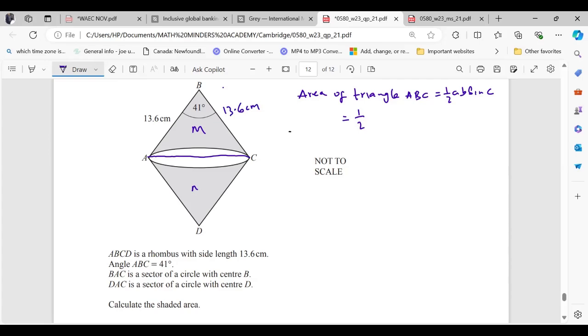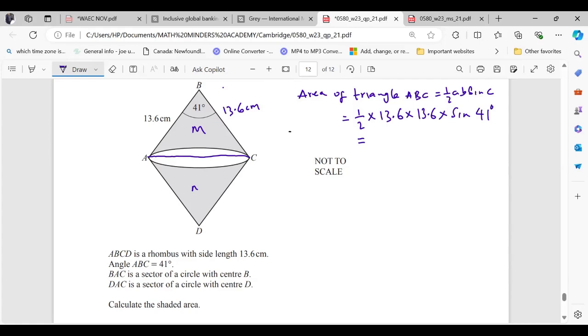So we have half times 13.6 times 13.6 times sine 41 degrees.